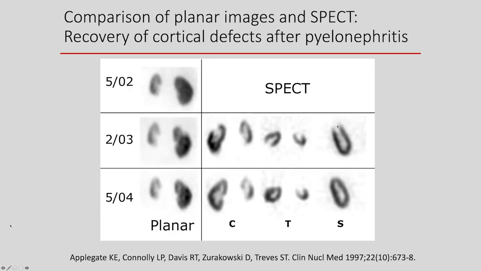And you can see it in all projections. The patient got better, and you can see that this defect has essentially disappeared over time. It still is suggested a little bit on the images, but there's clear evidence of recovery of renal function, very clearly seen on SPECT.